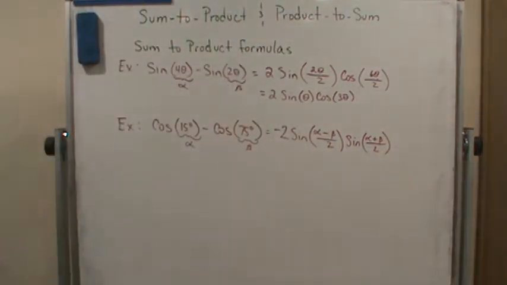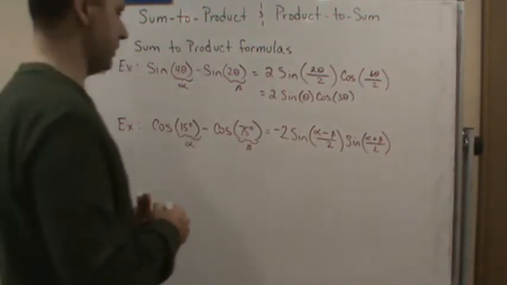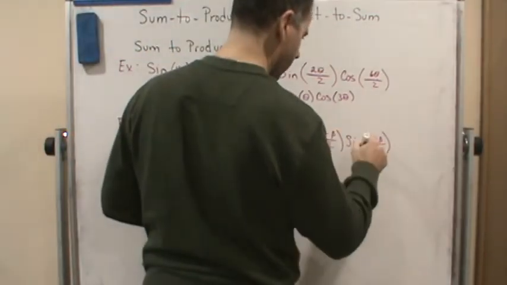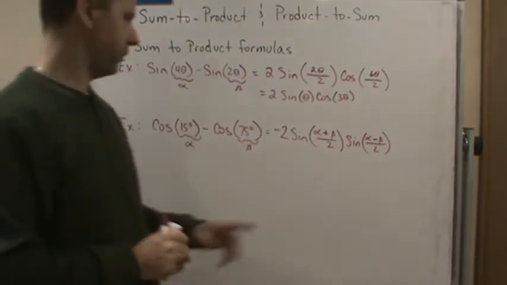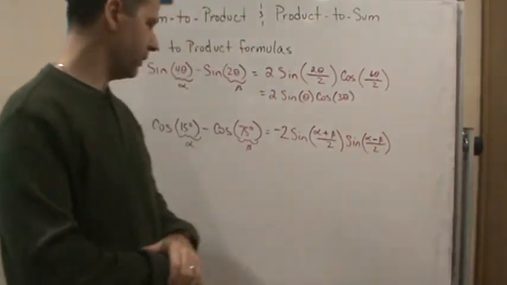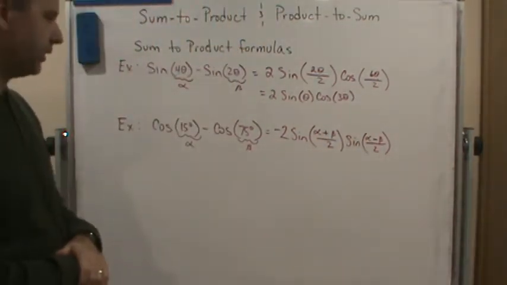And so again, as long as you know the formulas, then all you have to do is plug and chug. Okay? Actually, it doesn't even matter which is plus and which is minus.